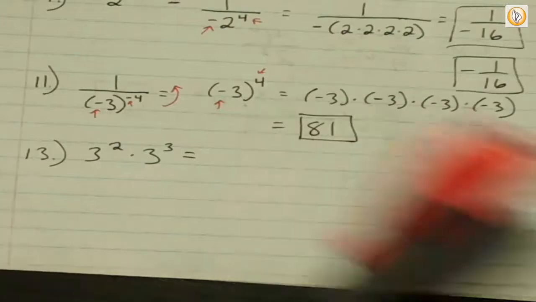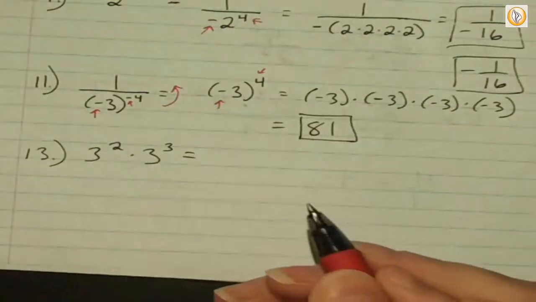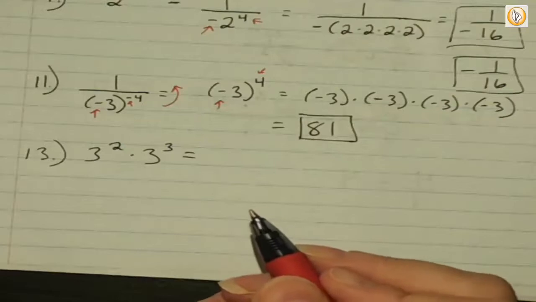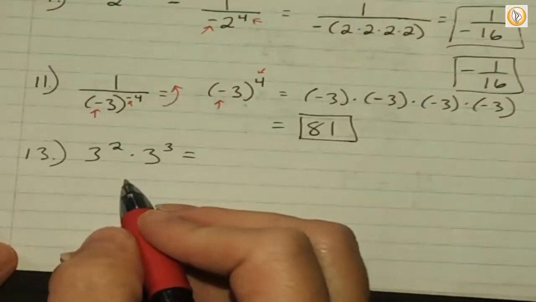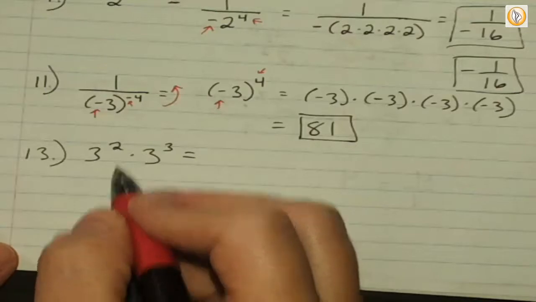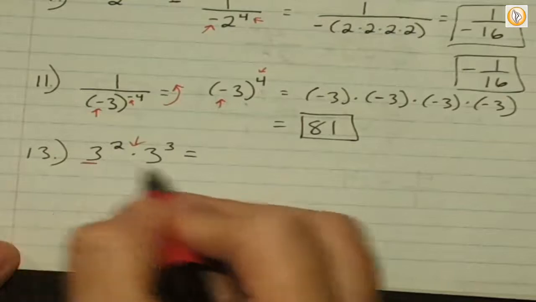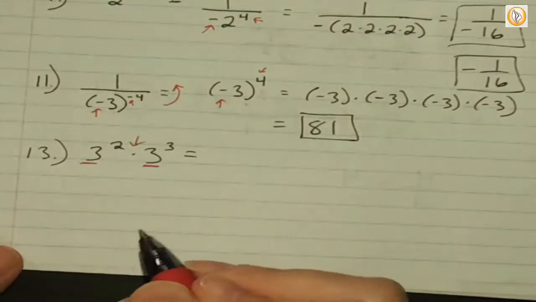Do you have to solve all of this out, or can you use a trick? A trick. What trick would that be? You add the exponents. Why are you adding the exponents? Because you're multiplying. Not just that, because you're multiplying and the bases are the same.